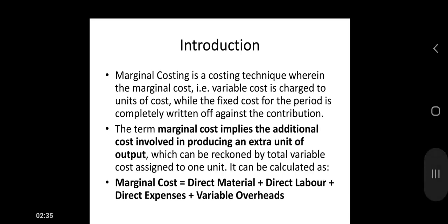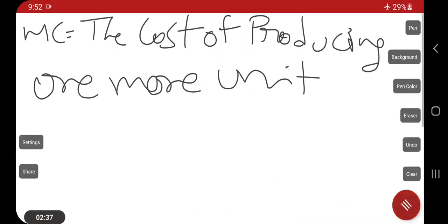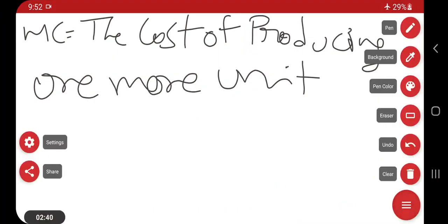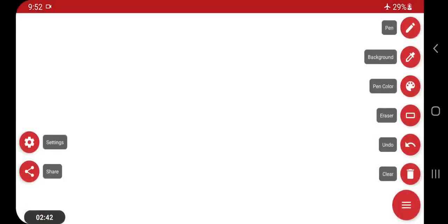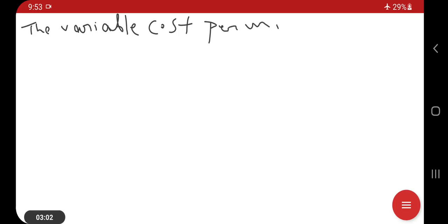Let us discuss what is marginal cost with one small example. Say the variable cost per unit is 25 rupees.